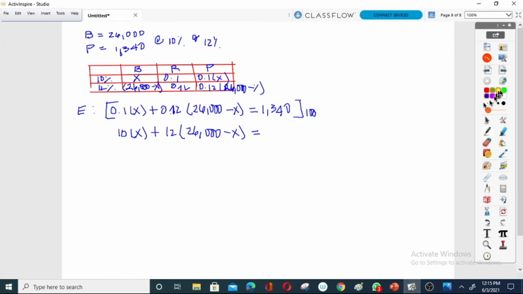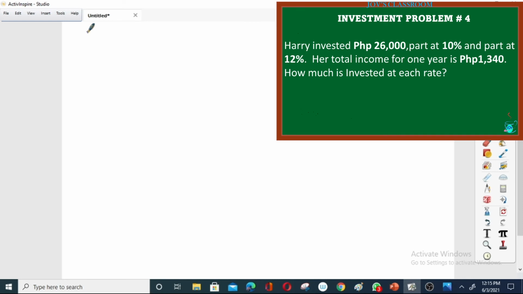So this is like a problem in investment. The base is given, which is equal to 26,000, and our P is equal to 2,860, the total income at 10% and 12% interest.